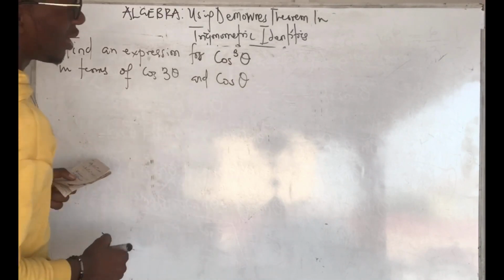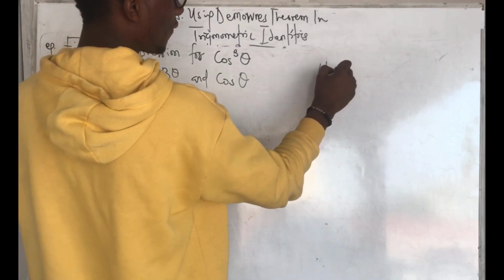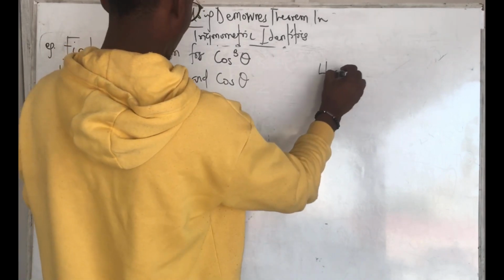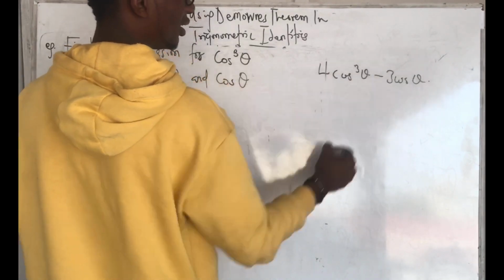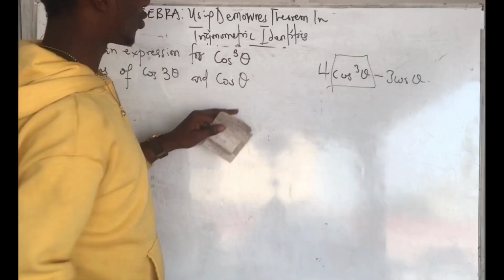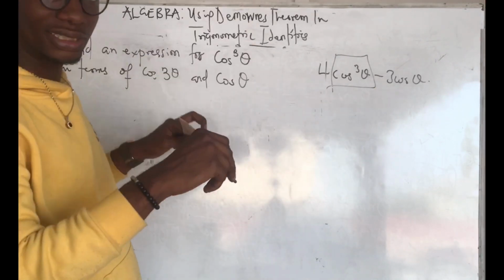So now you realize that when we did cos 3 theta, we had 4 cos cube theta minus 3 cos theta. So now we are finding a way where we can also take the single cos function into the multiple angle function. I get it. That is the converse. Do you get it?